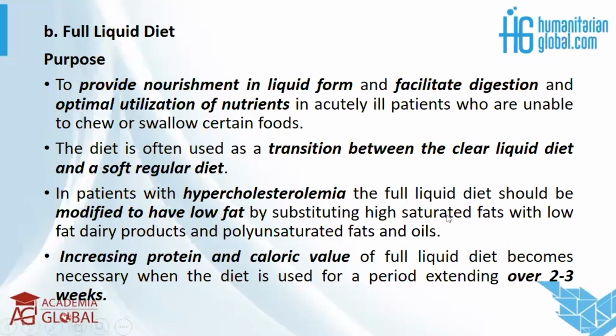So you do this by substituting these high saturated fats with low fat dairy products and polyunsaturated fats and oils. This is vegetable oils and low fat dairy products. Leave the saturated fats, those animal fats, because they contribute to high cholesterol.